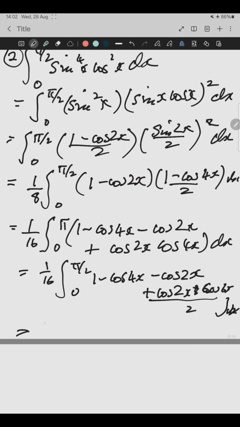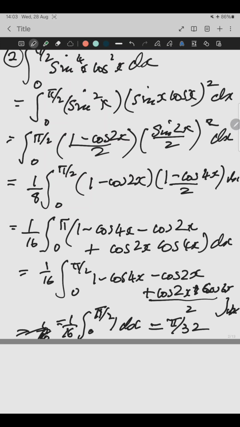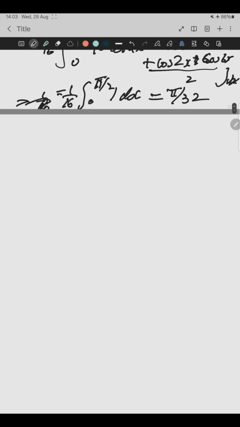So we're left with 1 upon 16 times the integral from 0 to pi upon 2 of 1 dx, which will simply come down quite easily, without any trouble, to pi over 32. That deals with the second integral. Now move on to number 3.